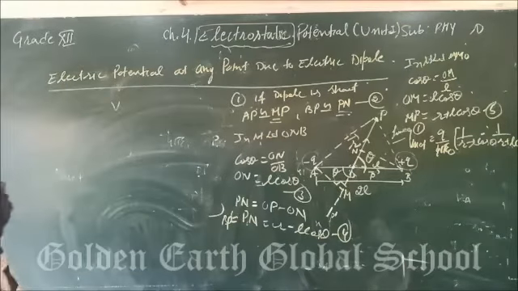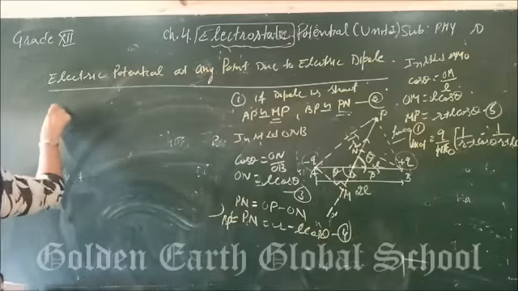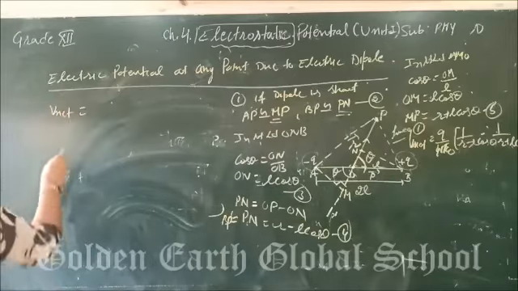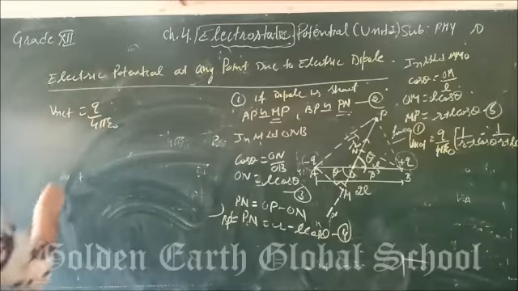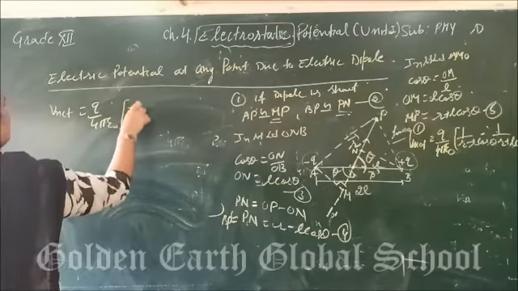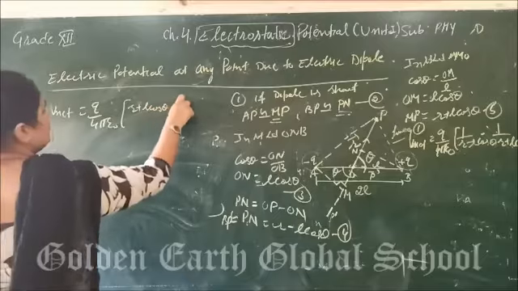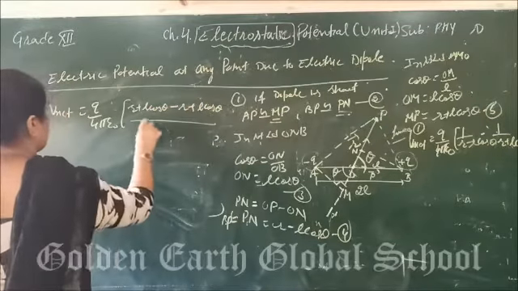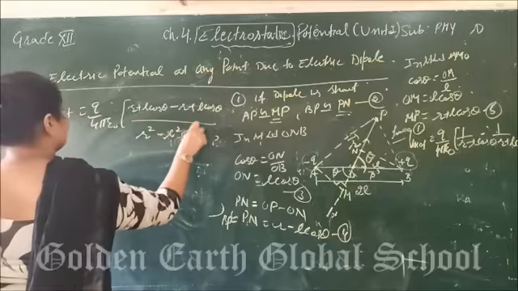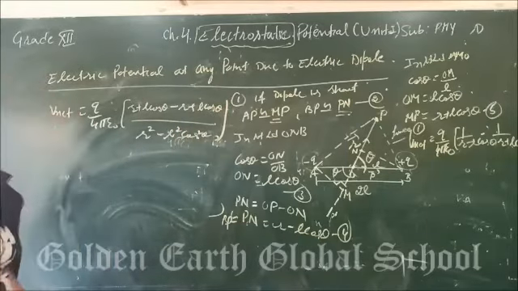So from here you will get V net, the net potential, will be equal to q by 4 pi epsilon naught, take the LCM, you will get R plus L cos theta minus R plus L cos theta upon R square minus L square cos square theta.